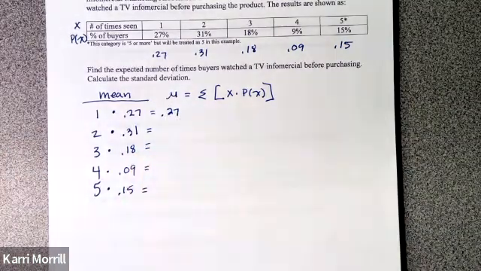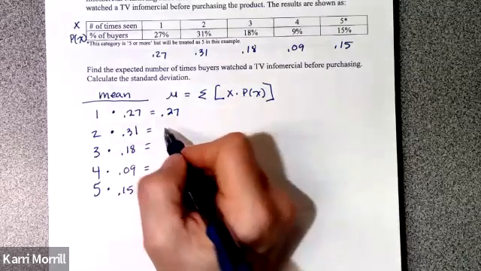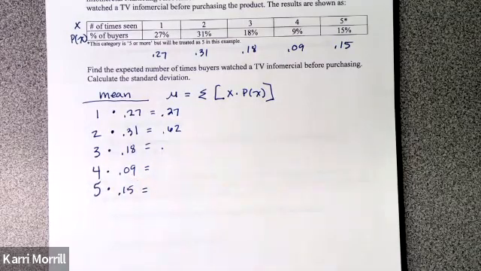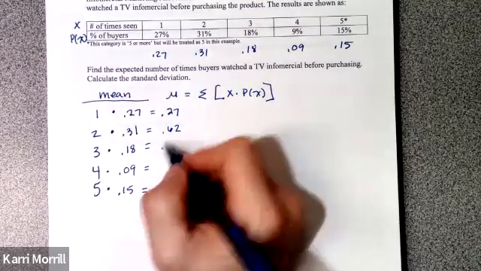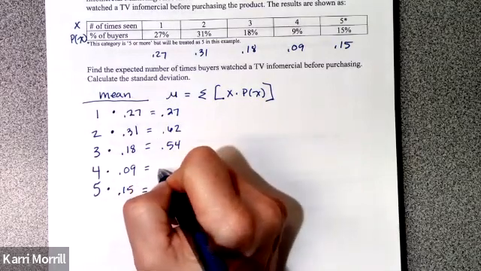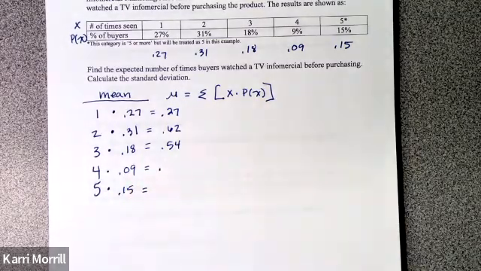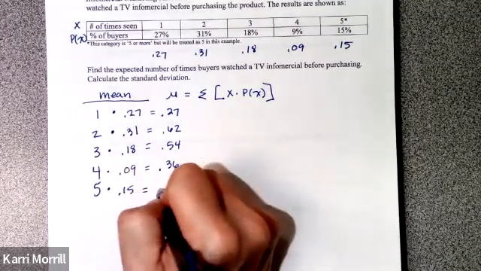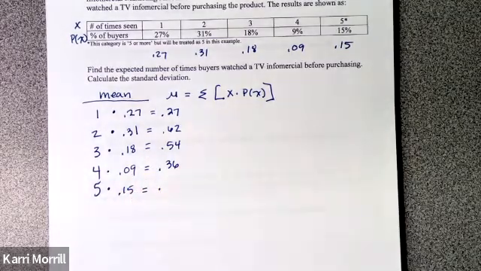It'll take me a little longer. So 0.27. 2 times 0.31 is 0.62. 3 times 0.18 is 0.54. 4 times 0.09 is 0.36. 5 times 0.15 is 0.75.